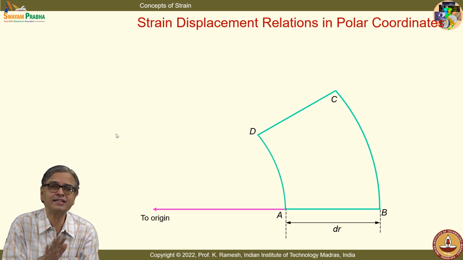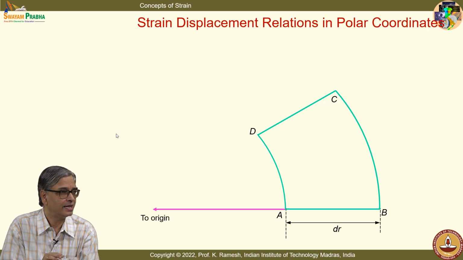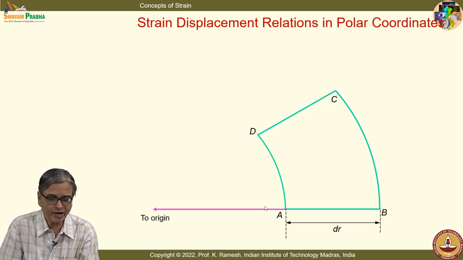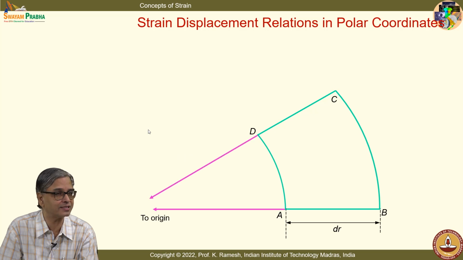And let me say that I have a displacement field u and v, for us to write it very comfortably. So, the point A gets shifted, B gets shifted, C gets shifted and D gets shifted. And you carefully draw how I locate these various lines.